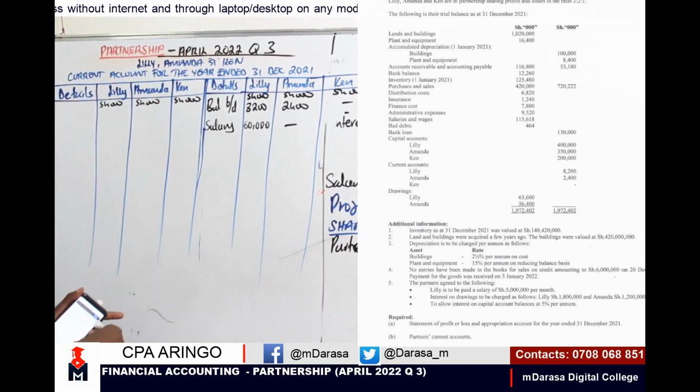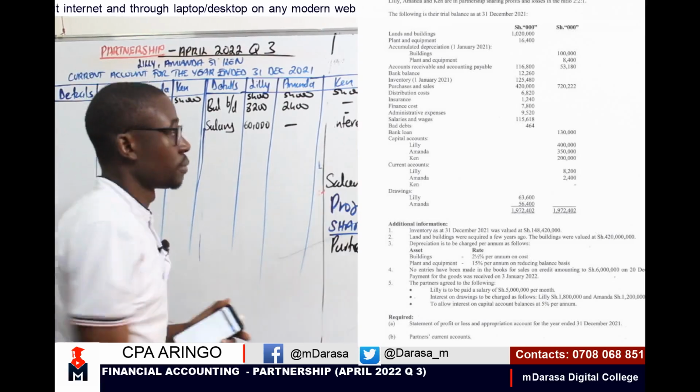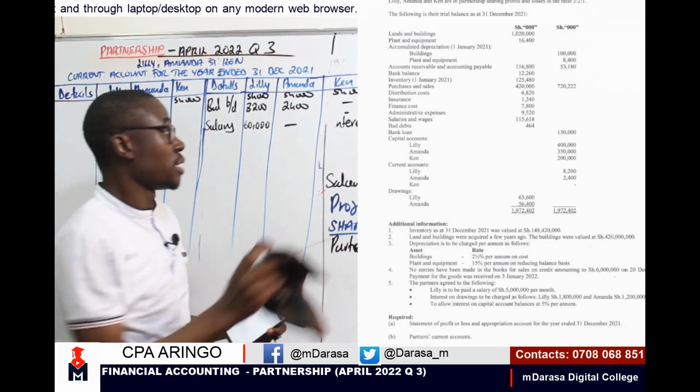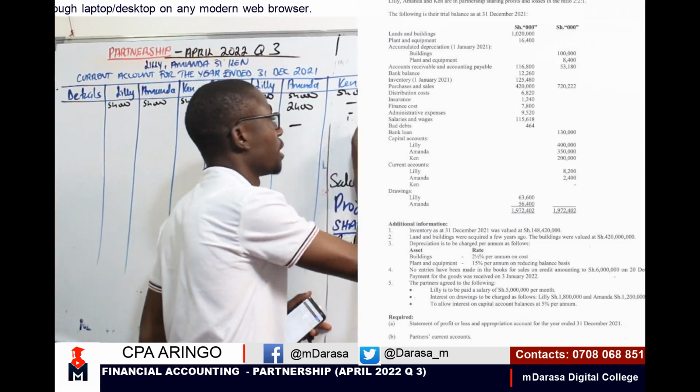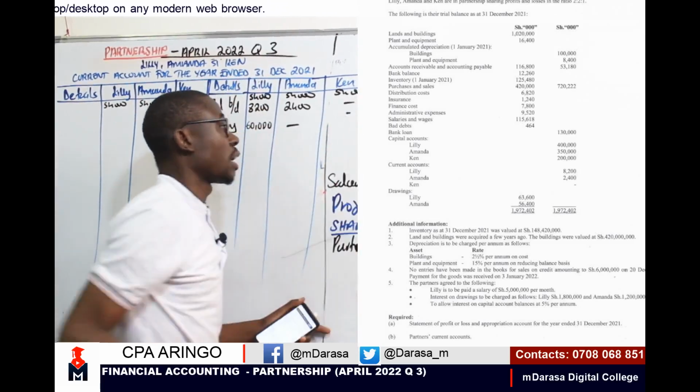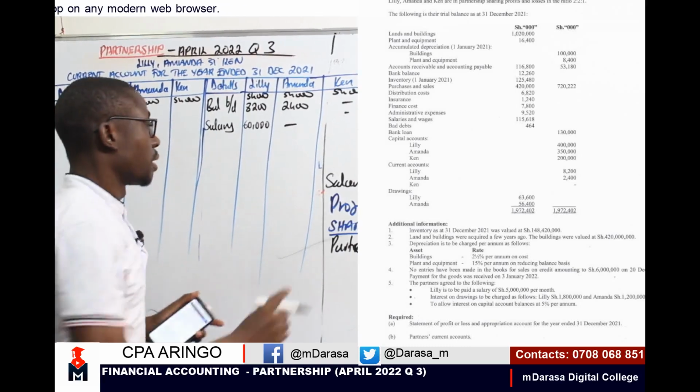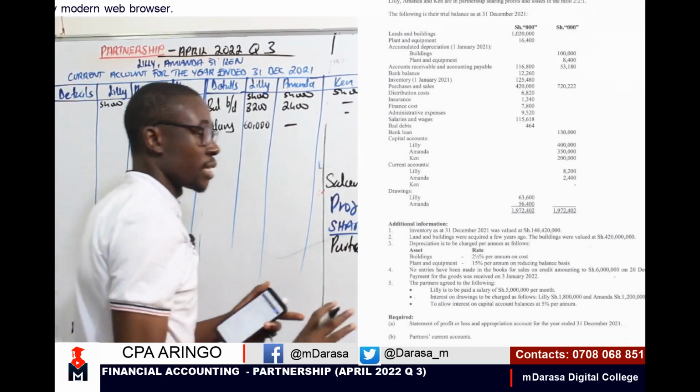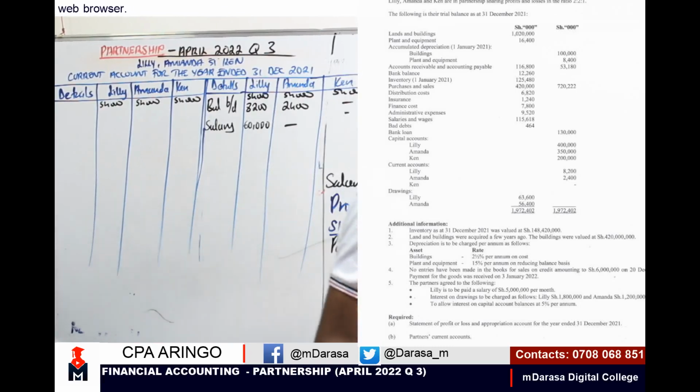Talk of interest on capital. I'm having these figures here, the ones that I'm erasing. I'm doing it so that we can clearly see where our figures are coming from.